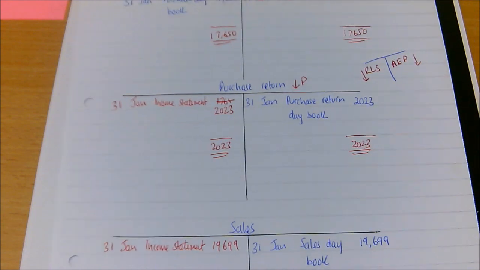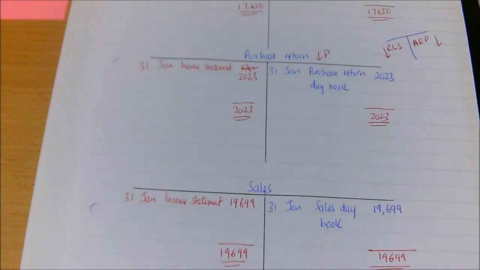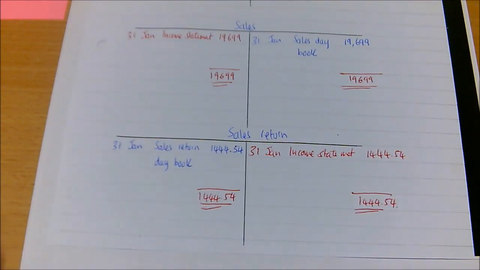Okay, so that's how you transfer the amounts to the income statement. Hopefully you've got something similar to what I have here, and it should be relatively straightforward. So this concludes this particular question.